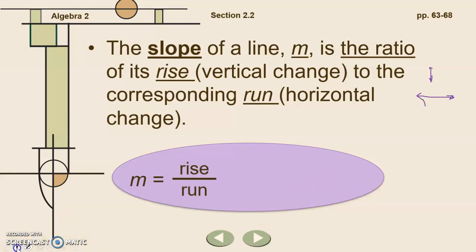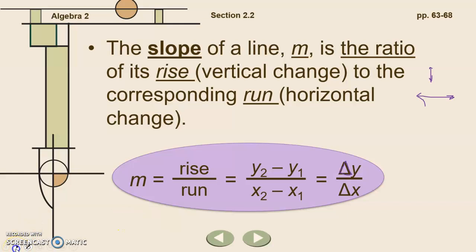We represent slope like this, rise over run. We measure the change in rise by subtracting our y values, the second y value minus the first y value, and we measure the change in run with our second x value minus our first x value. We can also say delta y over delta x. Delta, that little triangle Greek symbol there, just means the change in something.